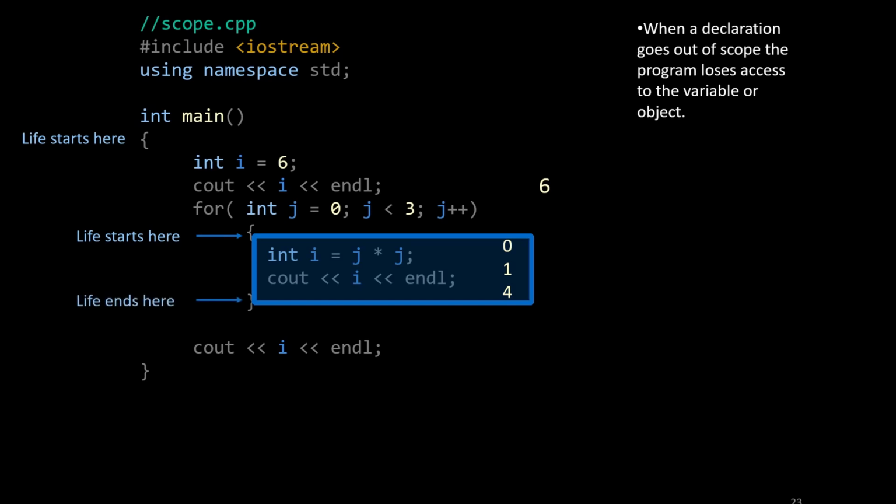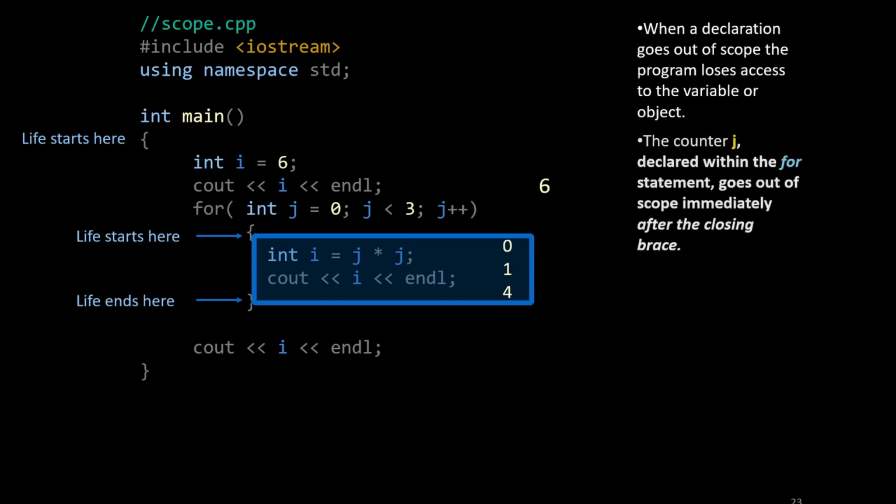And as we get to the final bracket or brace, life of that for loop actually ends. The counter j declared within the for loop statement goes out of scope immediately after the closing brace. And as a result, we can output 6 again, which is the same 6 as we've output at the very top.